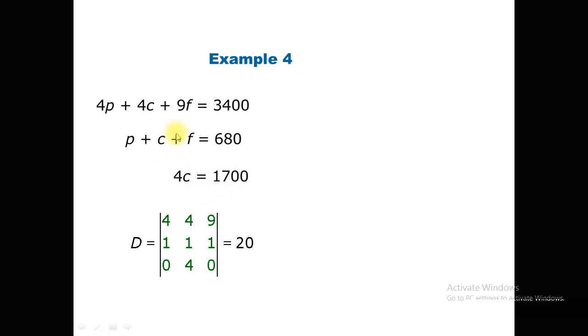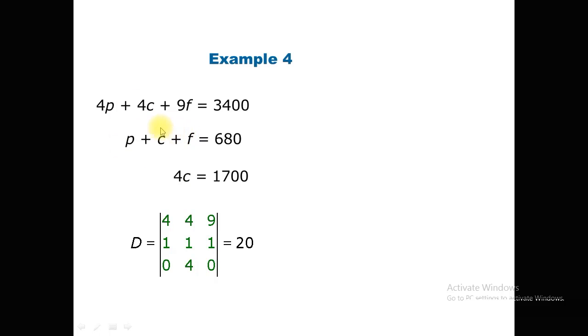Now first of all find the coefficient matrix. In the coefficient matrix we have the entries 4, 4, 9, 1, 1, 1, and the coefficient of p is 0, the coefficient of f is also 0, but the coefficient of c is 4.